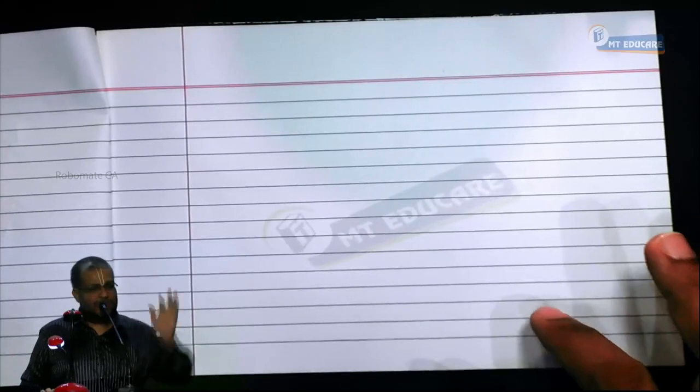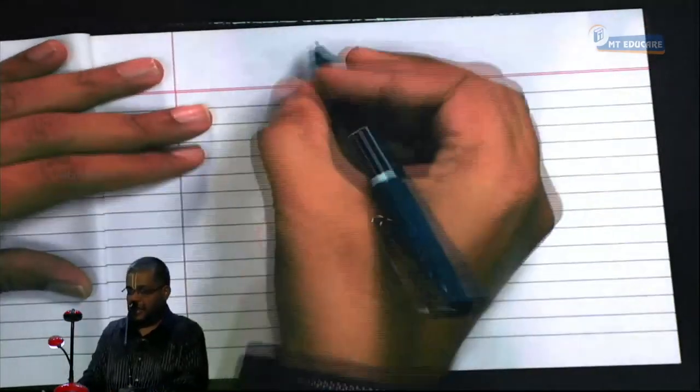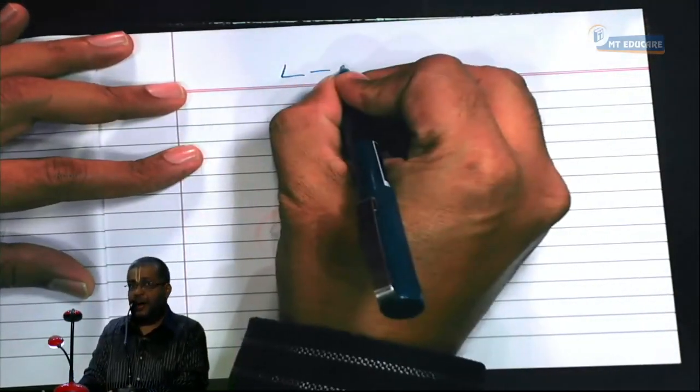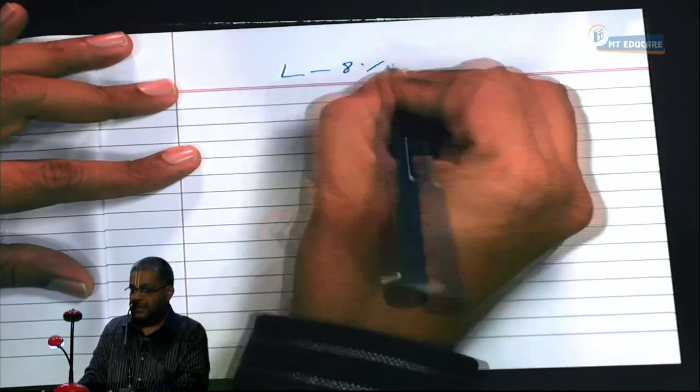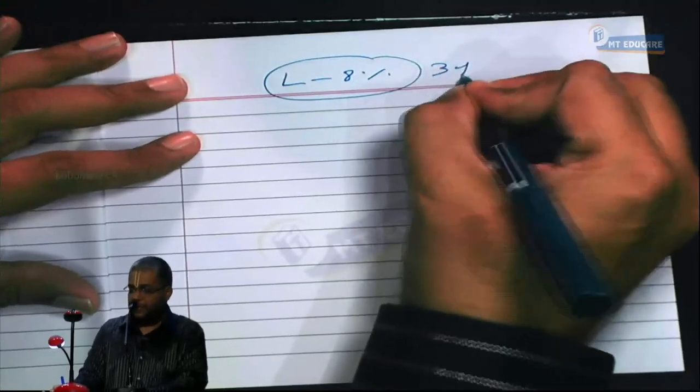Imagine this swap was a 3-year swap. For you to understand, how many years is this swap? 3-year swap. I entered into a 3-year swap for exchange of what against what? Libor against what? For example, 3 years.